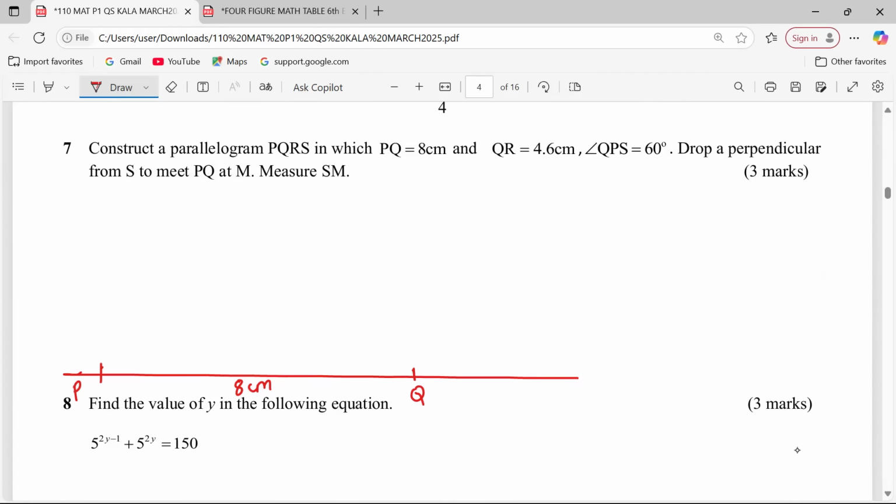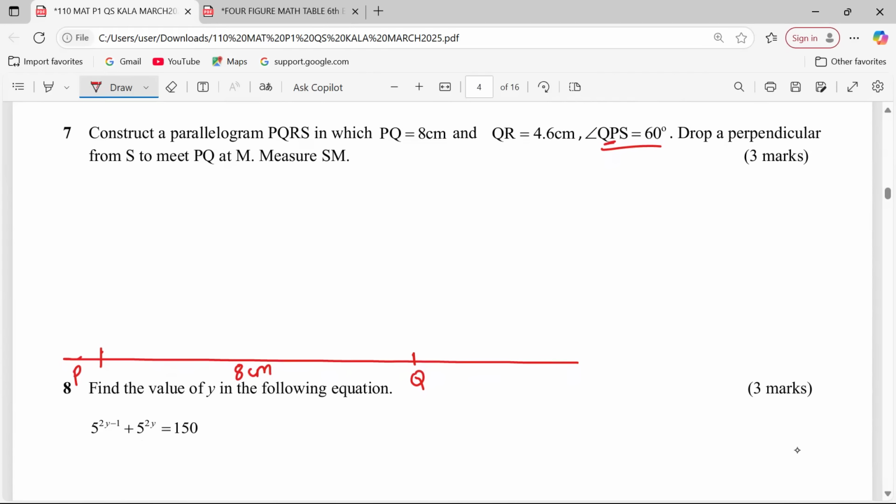At that point now, we're supposed to know that the angle at P is 60 degrees. And how do we construct an angle of 60 degrees without having to use a protractor? Without measuring this with a protractor, we can construct very conveniently an angle of 60 degrees. And how do we go about it?